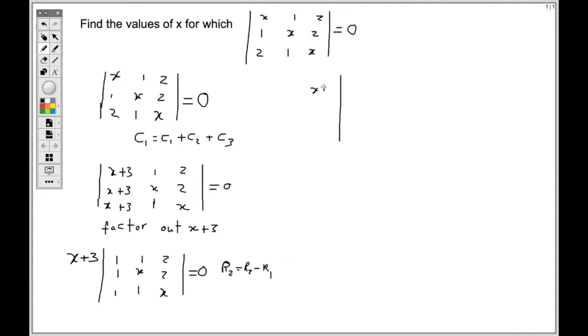The first row will remain the same, so I'll have 1, 1, and 2. And of course, I am going to perform the row operation: 1 minus 1, so that's 0. x minus 1, that is x minus 1. And 2 minus 2, that's 0.